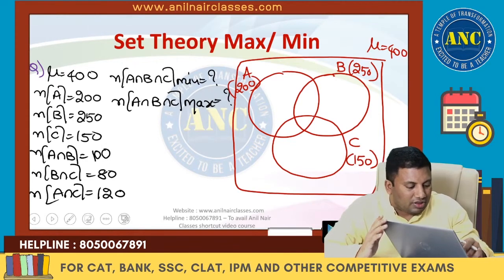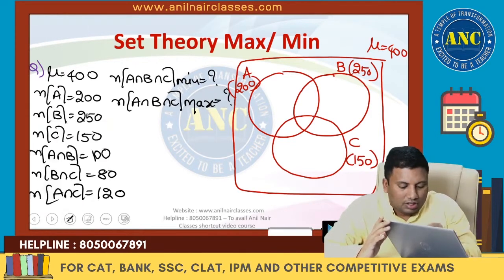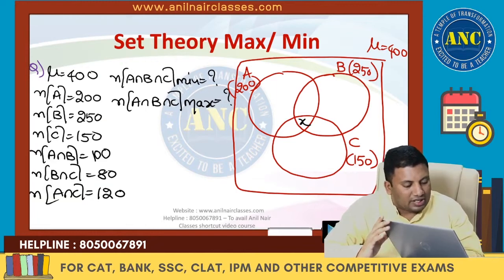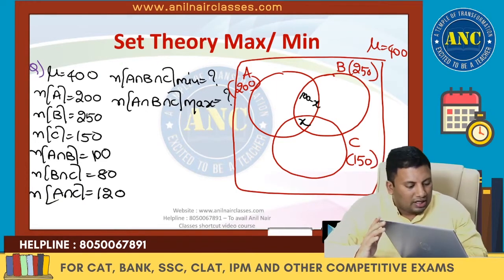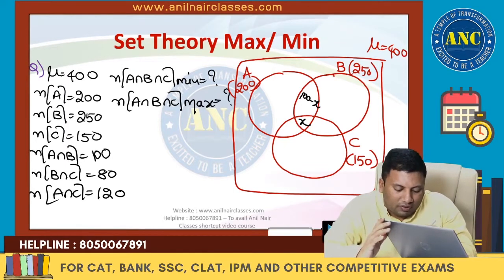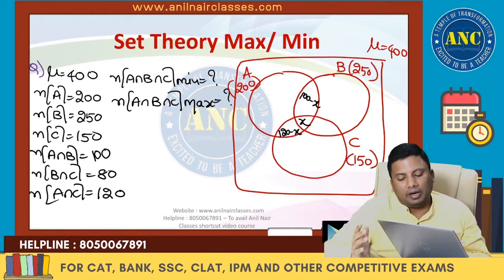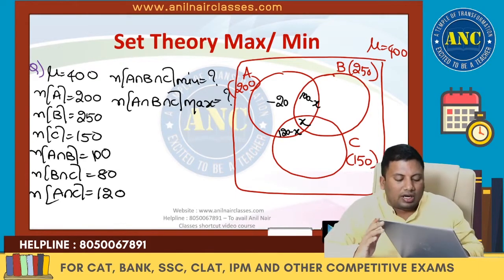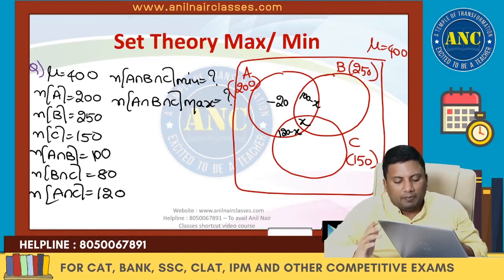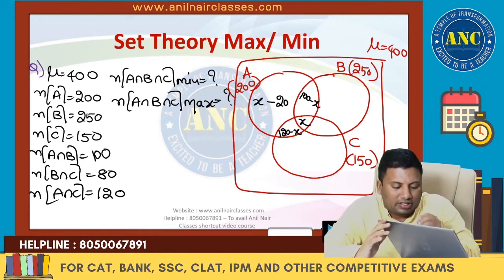This is nothing but the X value, the triple intersection. A intersection B is 100, so 100 minus X. A intersection C is 120, so 120 minus X. 100 plus 120 is 220. Outside it is 200, minus 20, minus X two times, so it is plus X.